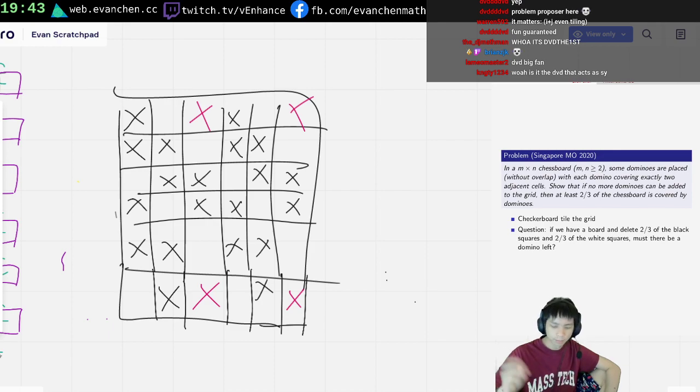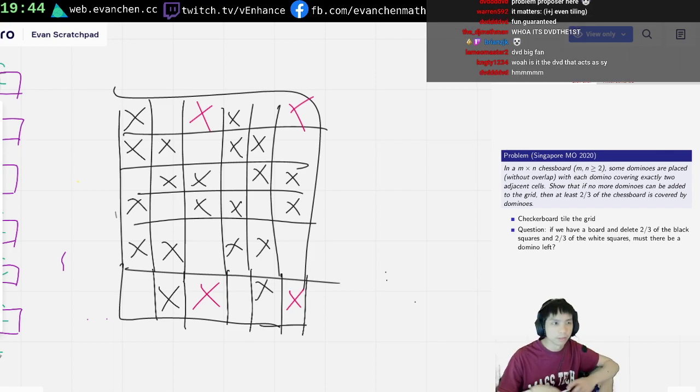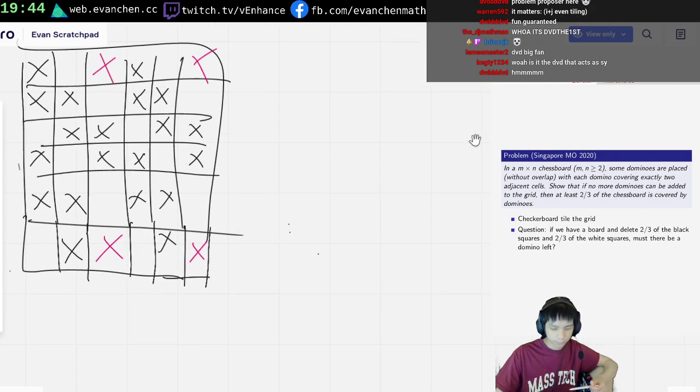Let's do a concrete example. I have the 6x6 grid, so can I put 12 white squares and 12 black squares such that no 2 are adjacent? That seems pretty unlikely. I want a new 6x6 grid though. This one has too much garbage on it. Alright, so let's move this over.